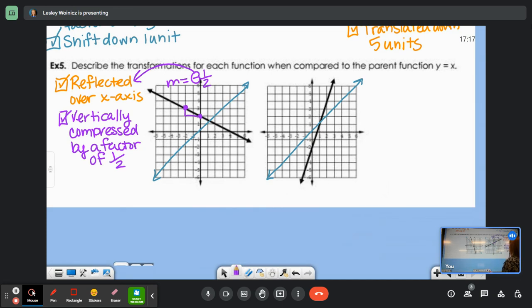Okay, and last but not least, you can see that my y-intercept was the point (0, 2). So my y-intercept got shifted up 2 units.